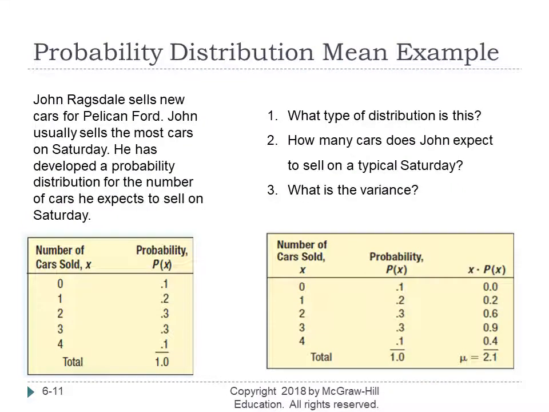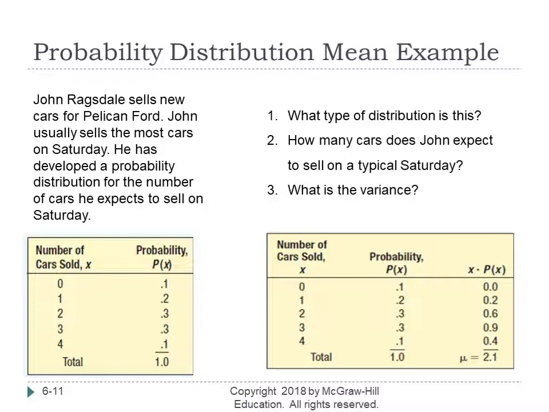Here is an example of calculating the mean for a probability distribution. John Ragsdale sells new cars for Pelican Ford. John is a car dealer. He sells cars. He usually sells most cars on a Saturday.